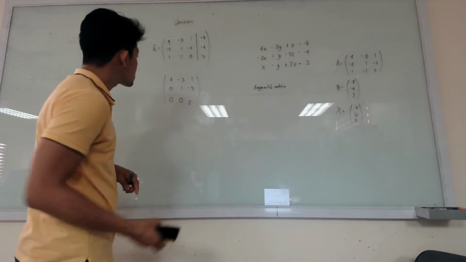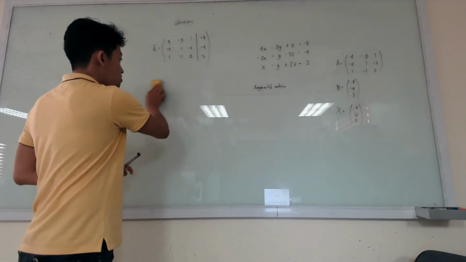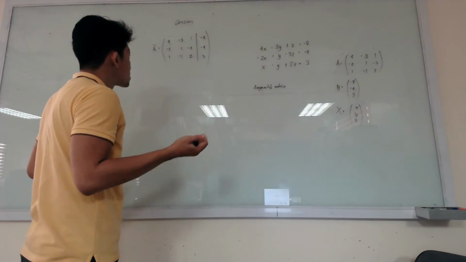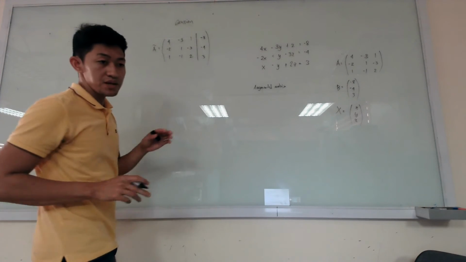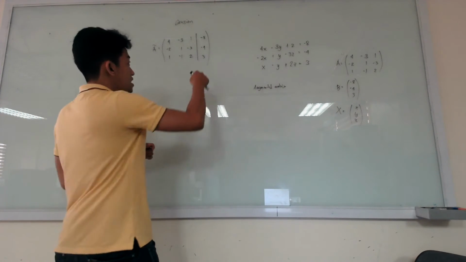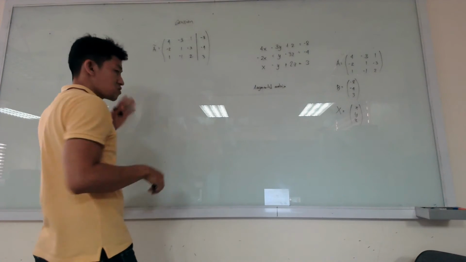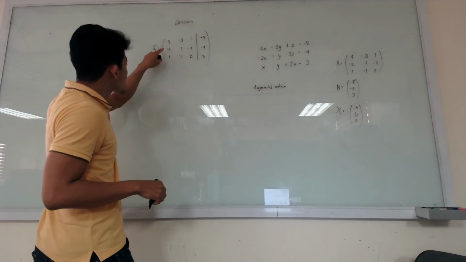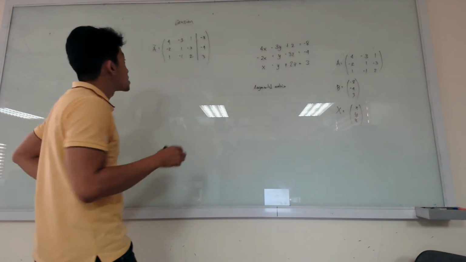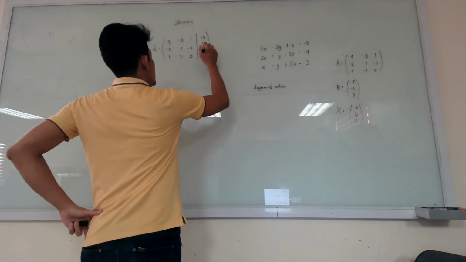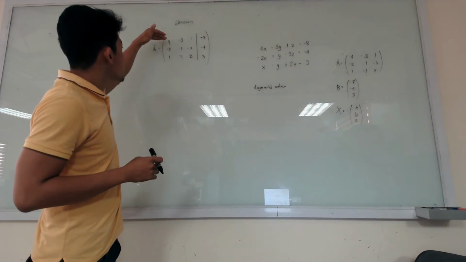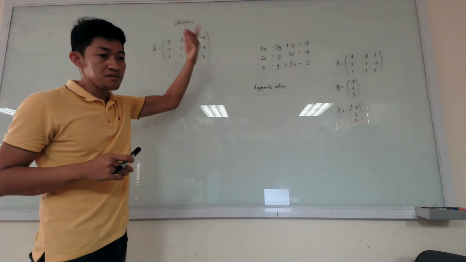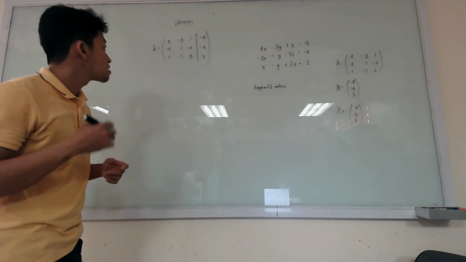The way you do that is you multiply something or add something in this row that will make it 0. First, you use the first row as your pivot row.